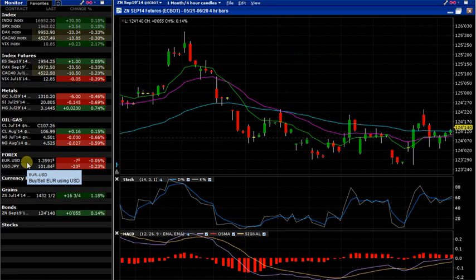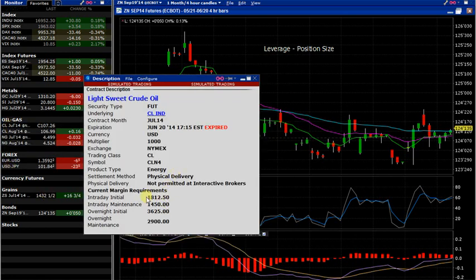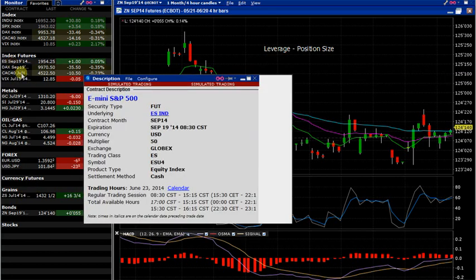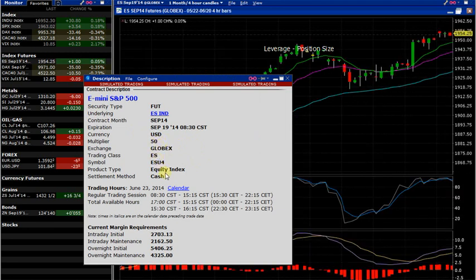Be very, very careful of leverage and position size. Know the product multiples and the nominal risk associated with those. When I showed you oil, know that it's a multiplier of 1,000. When I showed you the ES, know that it's a multiplier of 50, and be aware of the nominal value of those contracts.